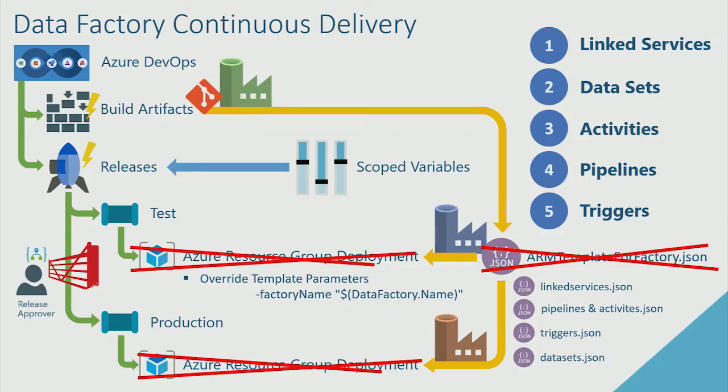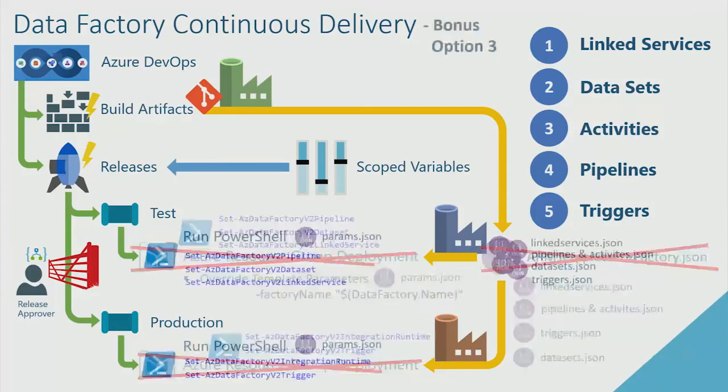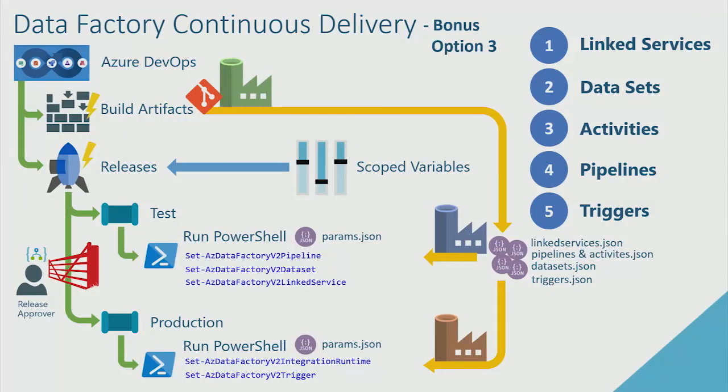And what we could do is use the PowerShell commandlets to deploy our data factory instead. Sure. So we take those JSON files, we give it to the appropriate PowerShell commandlet. We also give it some parameters to override those things that we want to give us that control. And that works. And I'm going to call that bonus option 3.